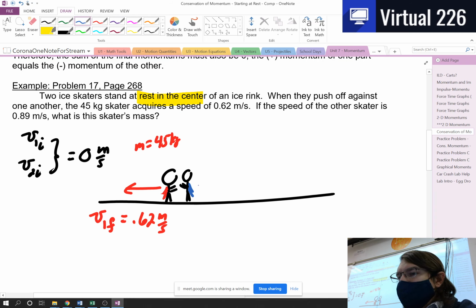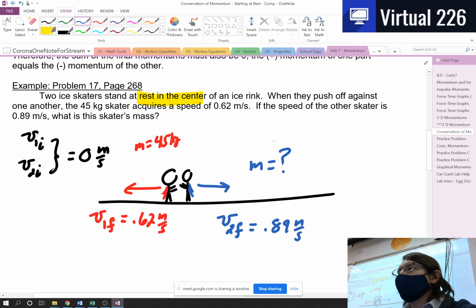Our second skater, when they push off, they are gaining a velocity of 0.89 meters per second. We are trying to figure out what is that other skater's mass. What is the mass of that other skater there?